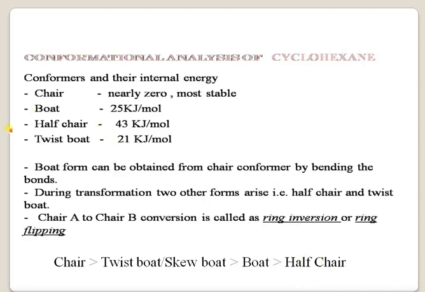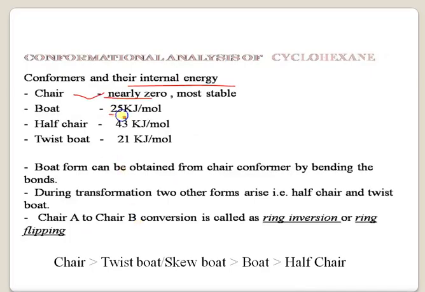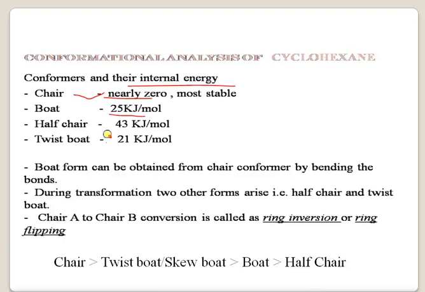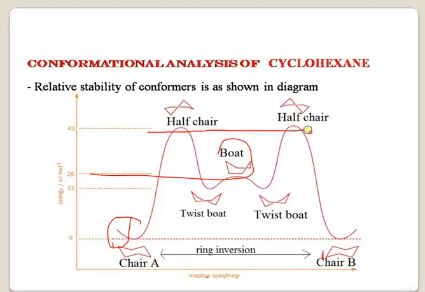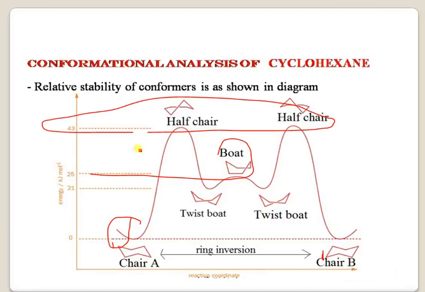These are the relative energies. The chair is nearly 0, more stable. Then boat conformation is 25 kilojoule per mole. Then 43 kilojoule per mole is half chair. Then 21 kilojoule per mole is twist boat.